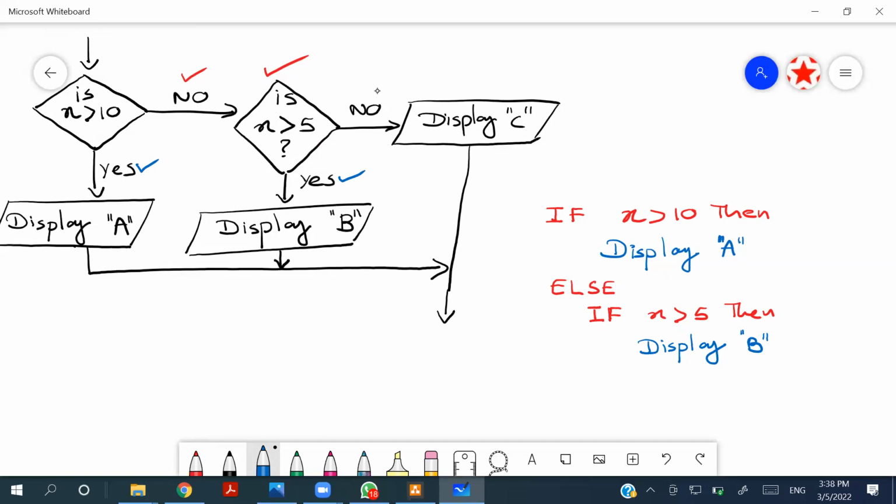And we can go with this no as well. And that no is going to be written over here as the else of this particular if. Then you are going to say display C.